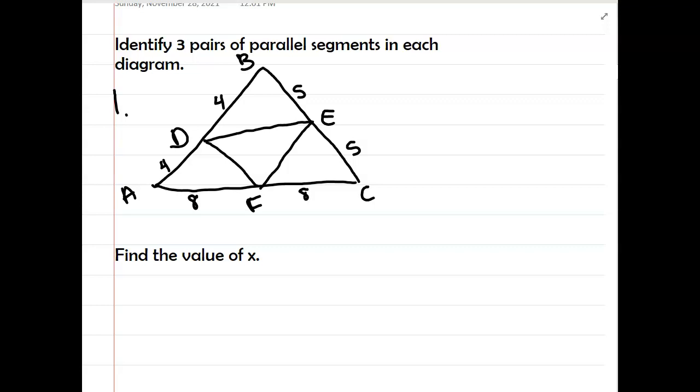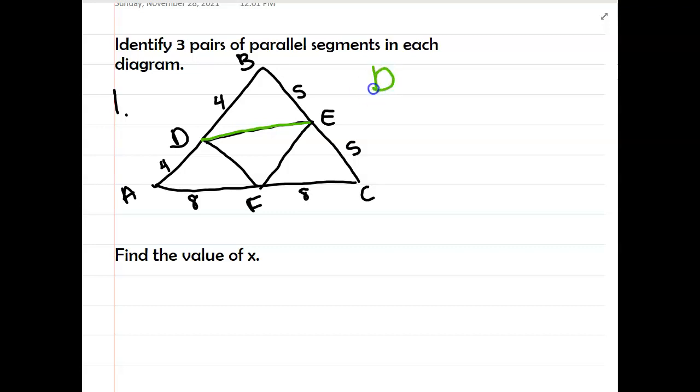How do I know that DE is a mid-segment? It's made out of 2 midpoints. Yeah, because D's a midpoint because that's 4 and that's 4. E's a midpoint because that's 5 and that's 5.